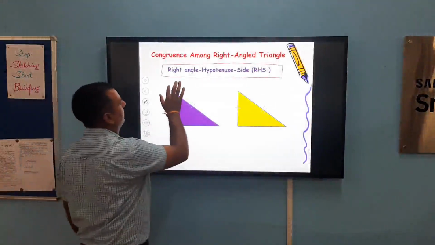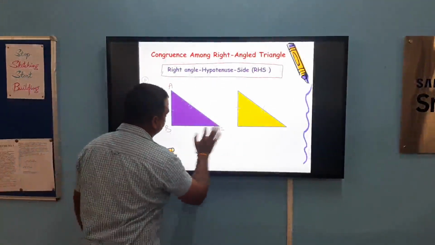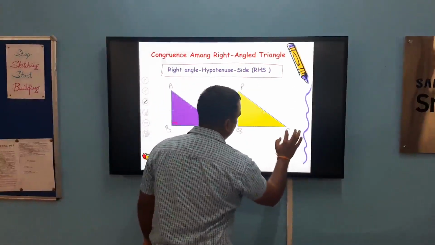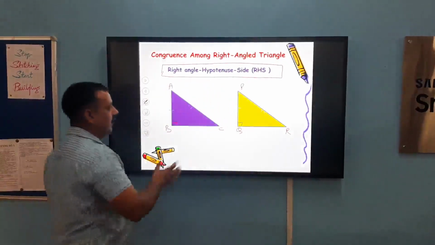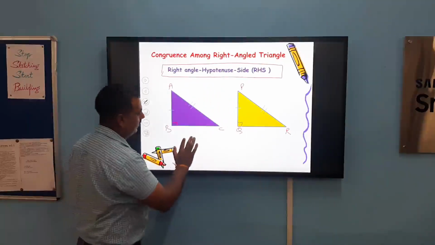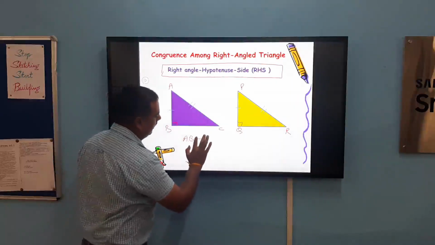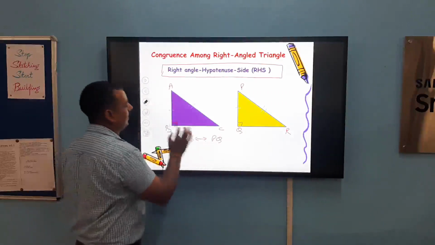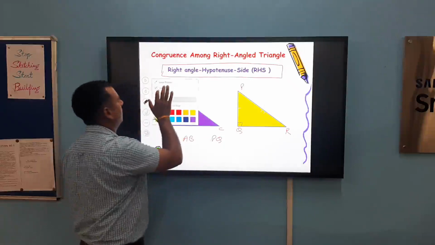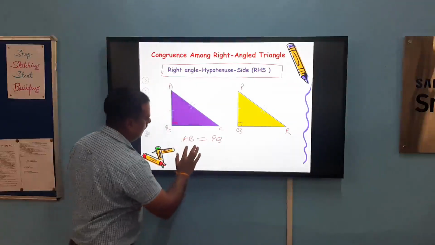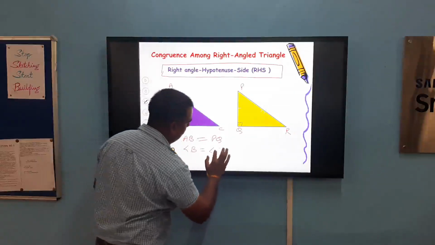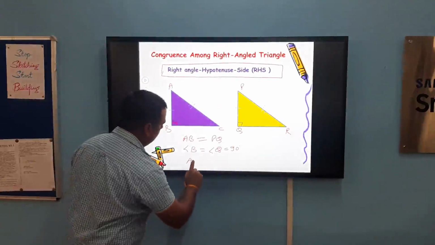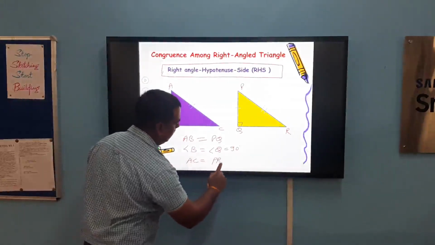If we take two right angle triangles, triangle ABC with right angle at B, and triangle PQR with right angle at Q, here in these two triangles, AB is equal to PQ, angle B is equal to angle Q is equal to 90 degrees, and AC is equal to PR.